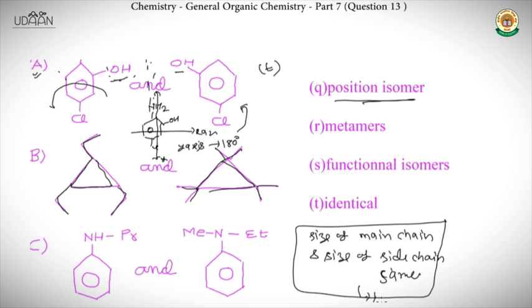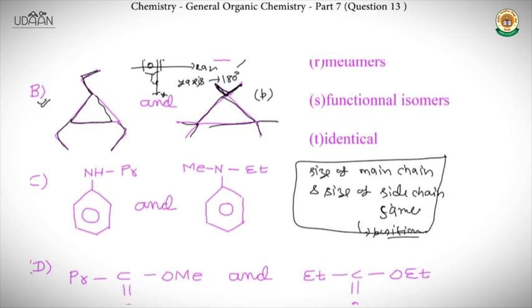In position isomers, the side chains should be the same length, but they are not here. So they must be chain isomers, because the size of the side chain is 2 here and 1, 1 there. So B part is done.